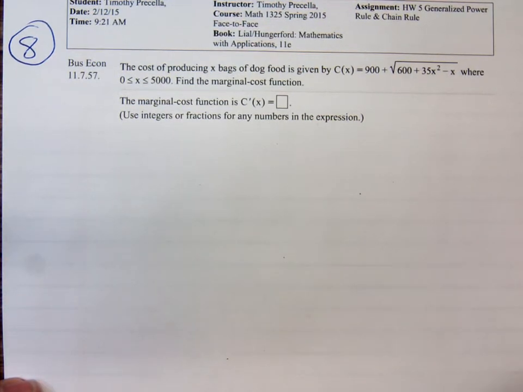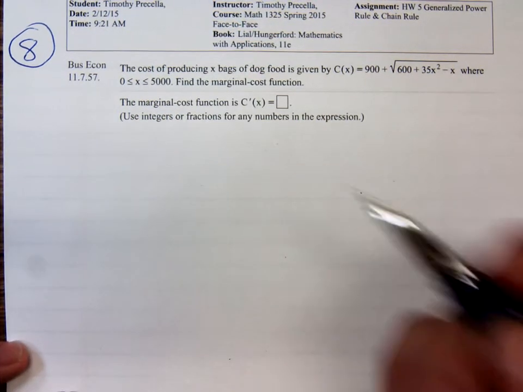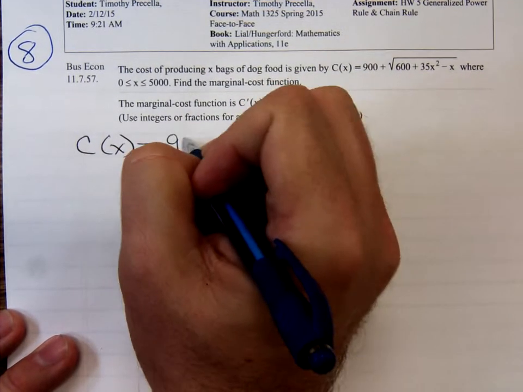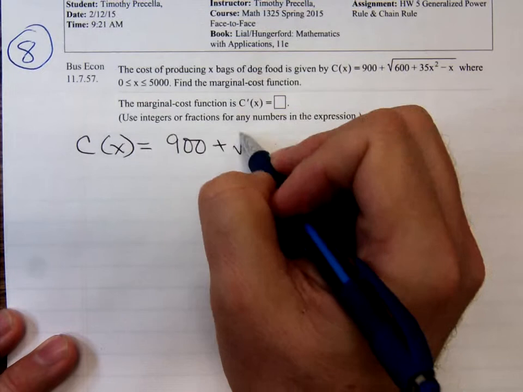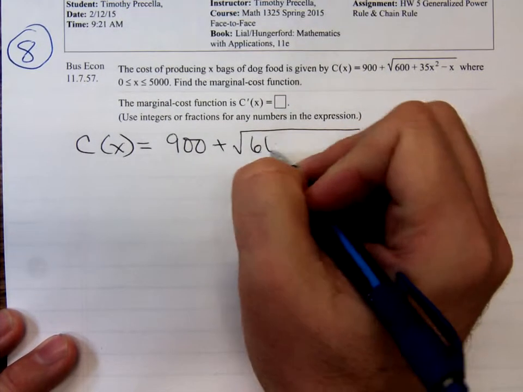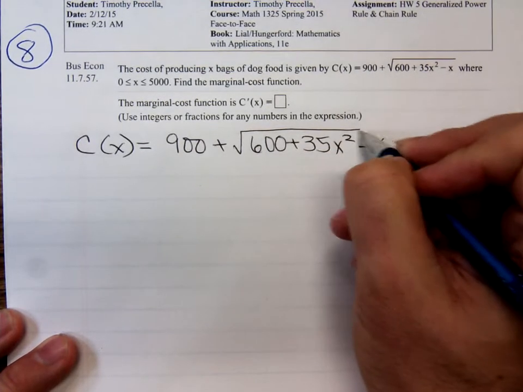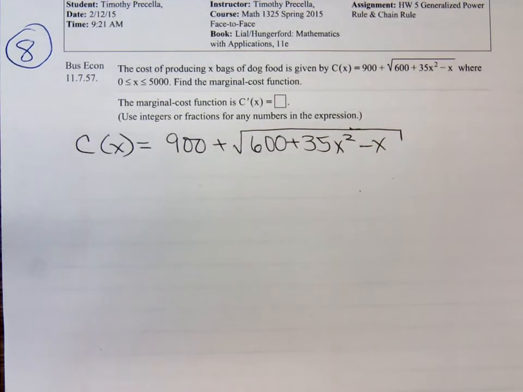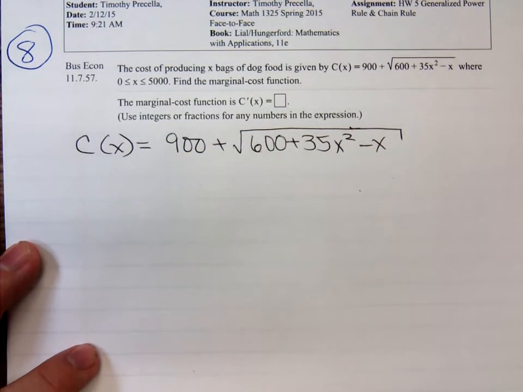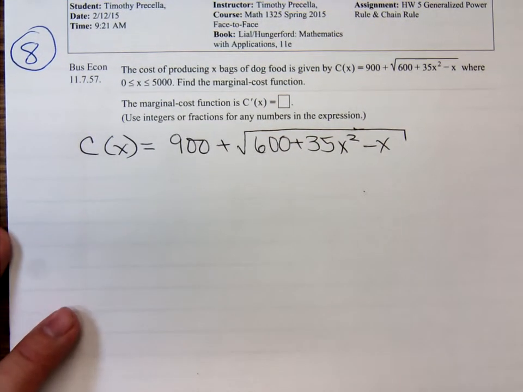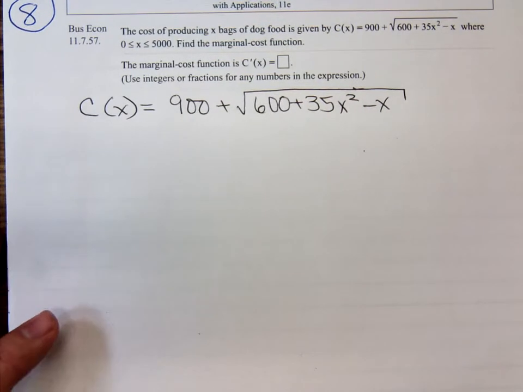I think I'm going to recopy it, though. I'm going to copy it a little bit larger. So here's my cost function. There's my cost function. And I should have done this when I was recopying it. What should I have done? I'm feeling lazy today.